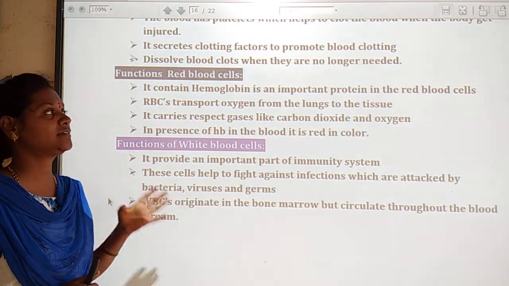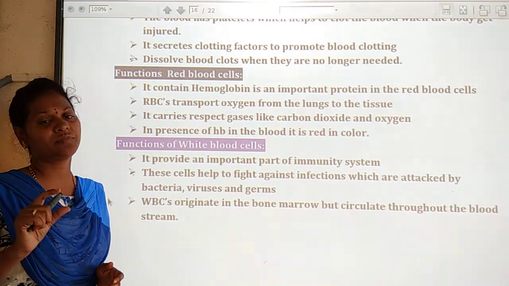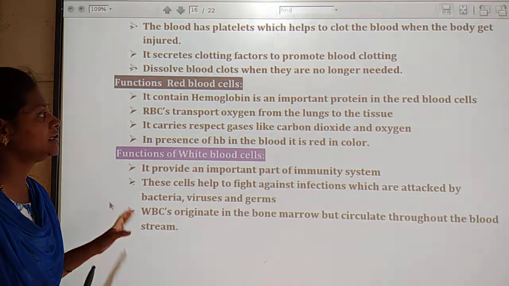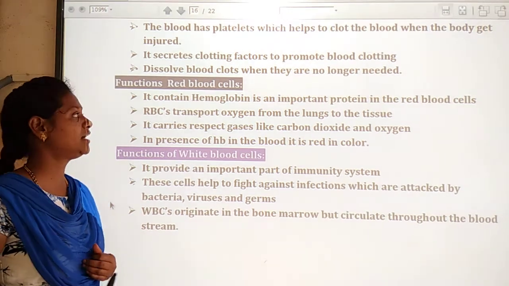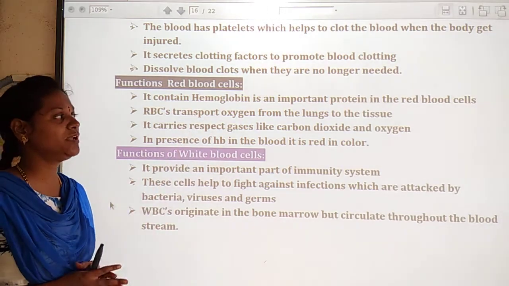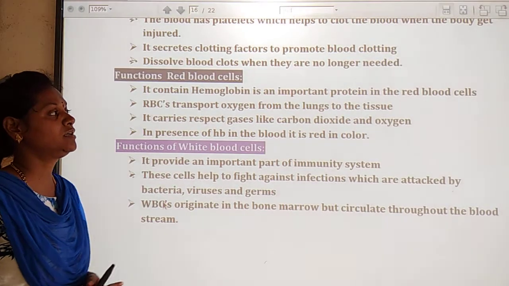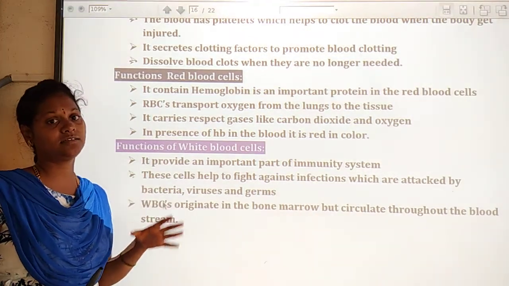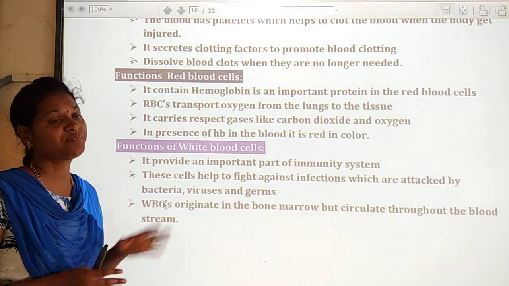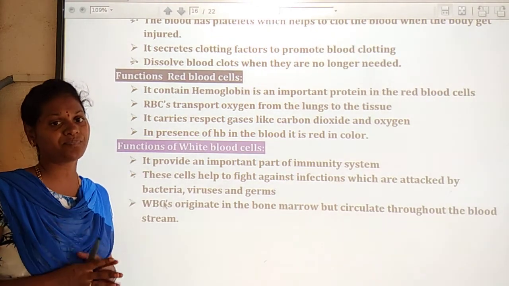The red blood cells contain more amount of hemoglobin, which is an important protein in the red blood cells. Here hemoglobin will provide more amount of the protein to the blood.